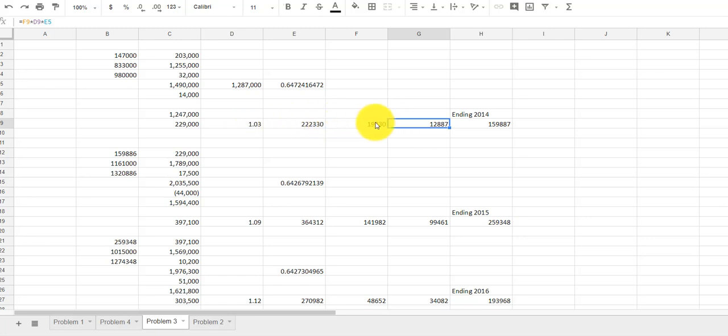Okay, so that's how we get the 19 to 12,887. We take that 12,887, that's our new layer. We add it to the original 147 as a new layer and get 159,887.